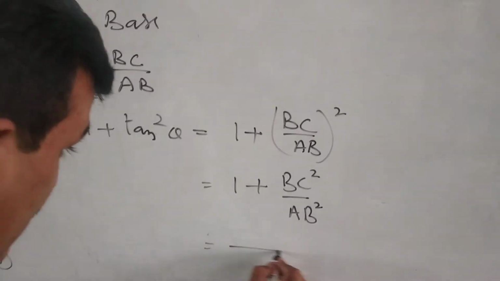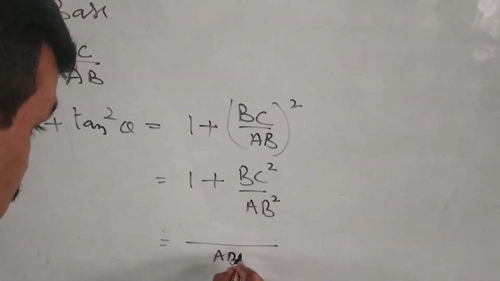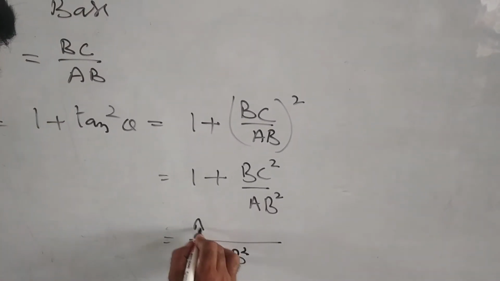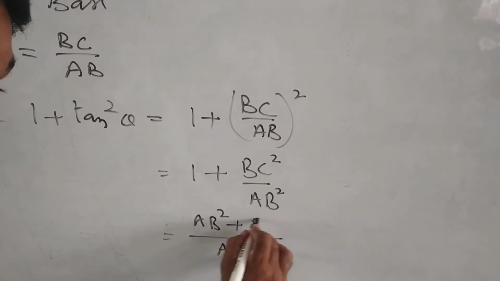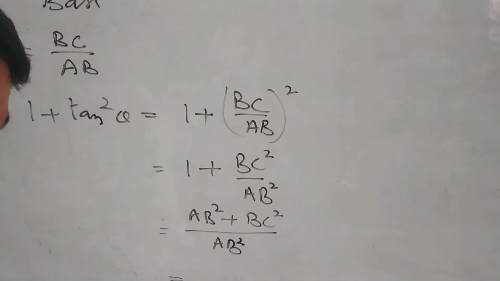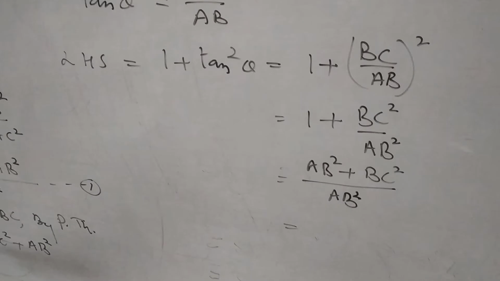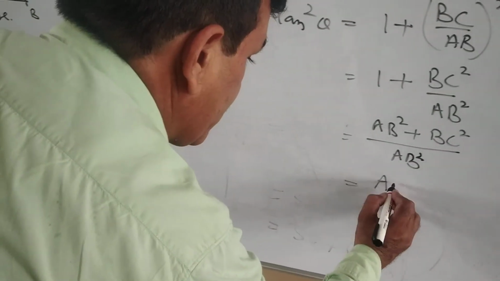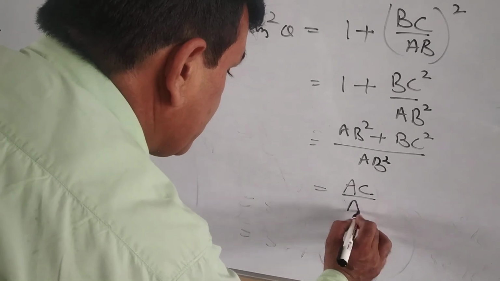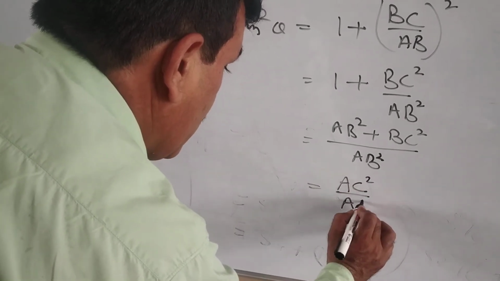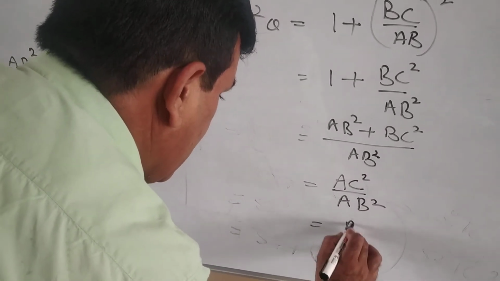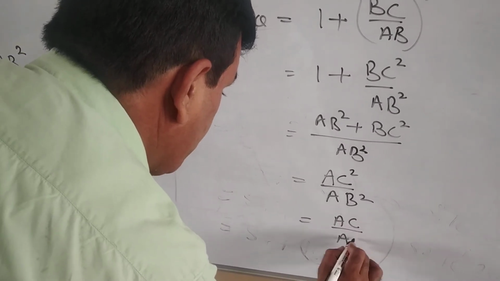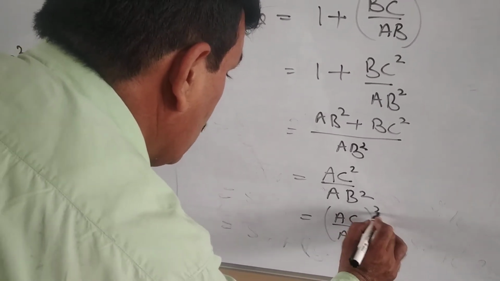Now taking LCM AB square, it is equal to AB square plus BC square over AB square. But we know that AB square plus BC square is AC square. So we will write here AC square over AB square, which can be written as AC over AB whole square.